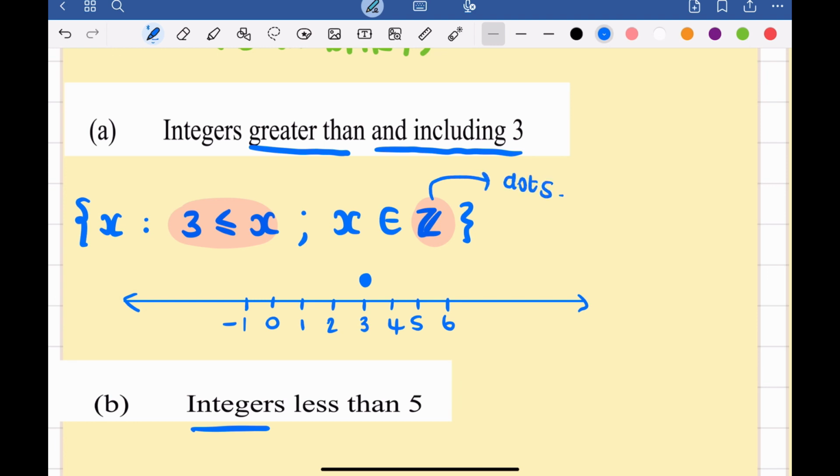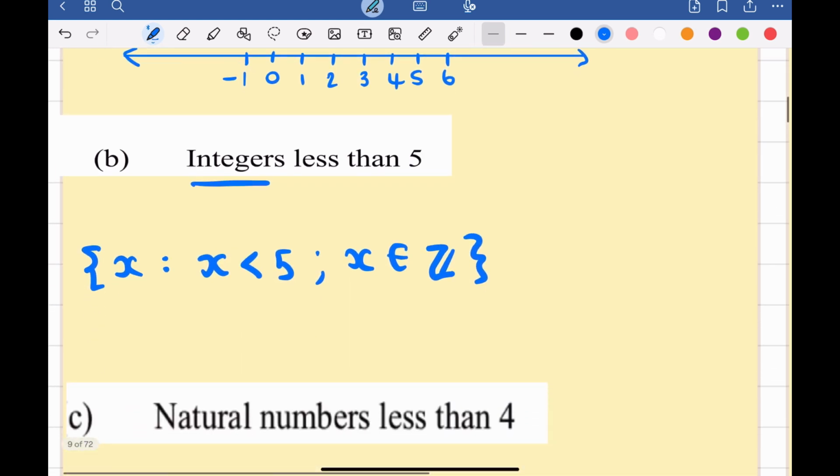Because the next integer above 3 is going to be 4. The one above 4 is going to be 5. Integers is not the decimal places in between. Therefore, it's going to go that way and carry on, okay? Or carry on this way, okay? So we use dots to represent integers.